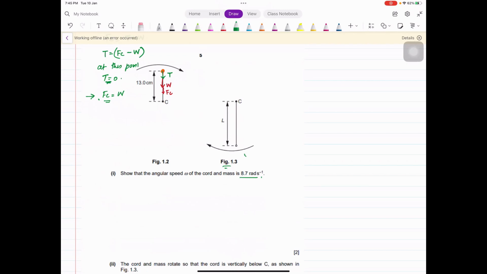From this part we understood that m r omega squared, which is the centripetal force formula, is equal to mg. So mass and mass cancel out. The radius at that point is 13, so we write 0.13 times omega squared, and g is equal to 9.81. So omega is going to be the square root of 9.81 divided by 0.13.